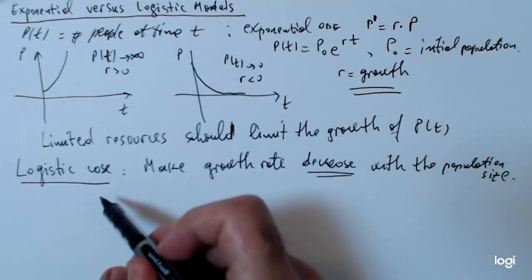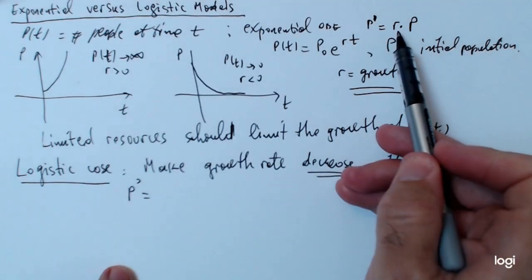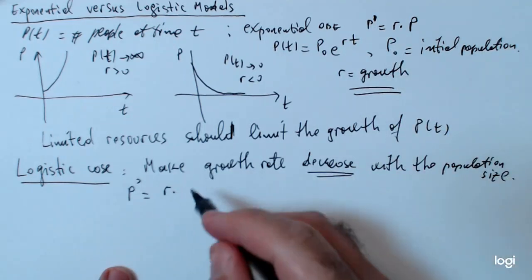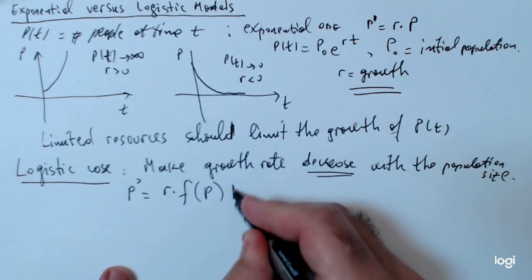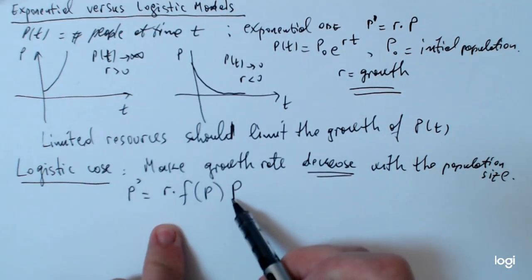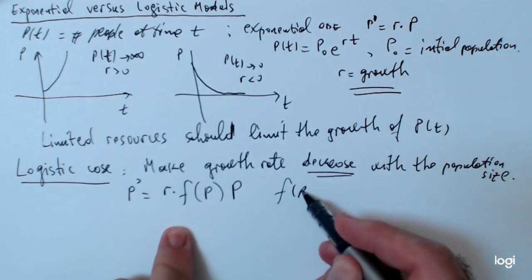So you can imagine that equation, instead of a constant, so pay attention here, you also have some factor in the growth rate. So the per capita growth rate, the stuff that's multiplied by P, imagine you have an extra function that indicates this logistic effect.